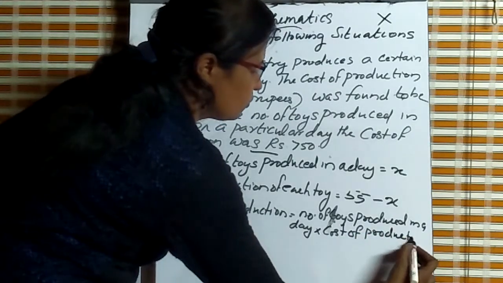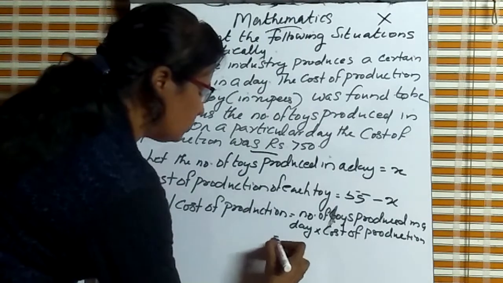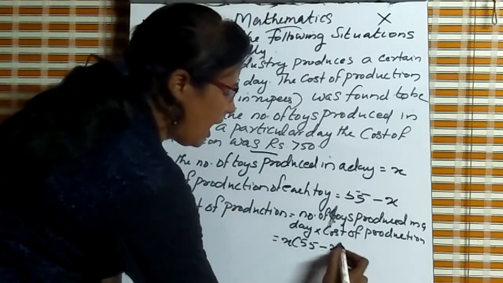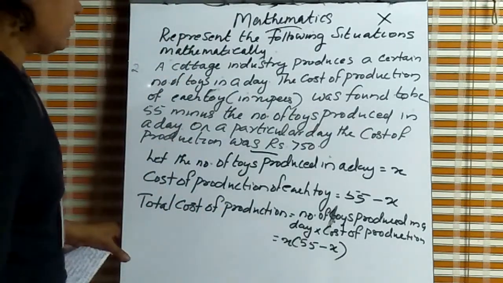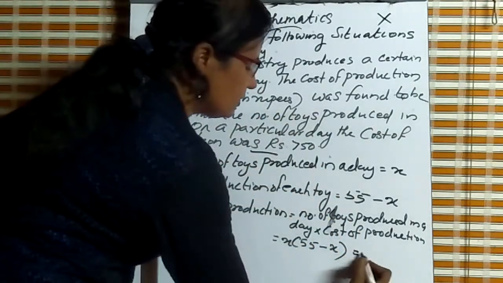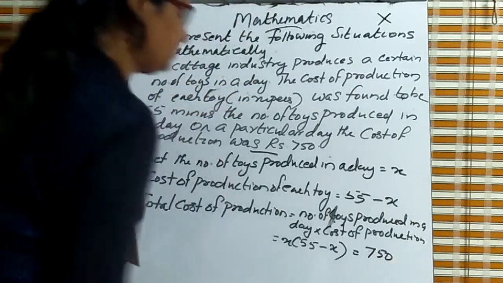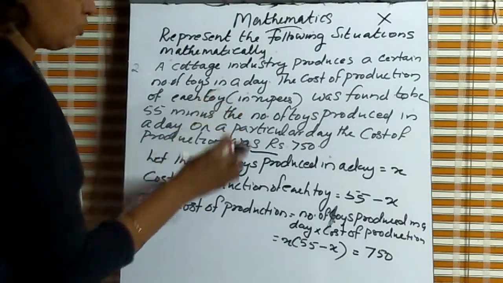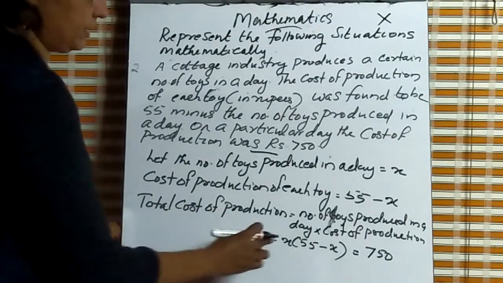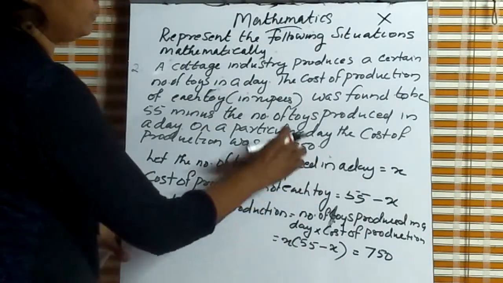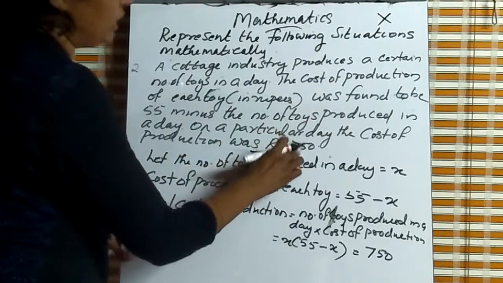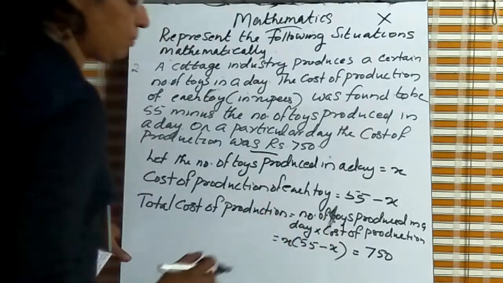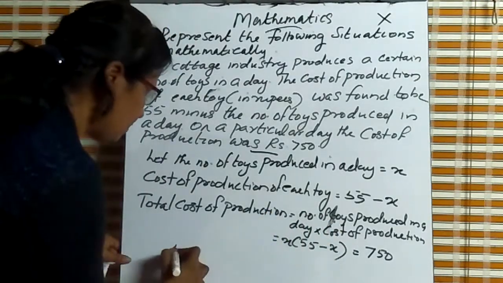That is x into 55 minus x, and on a particular day it was rupees 750. So x into 55 minus x is equal to 750.